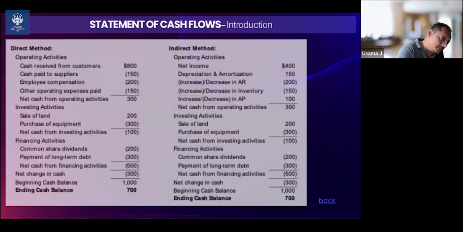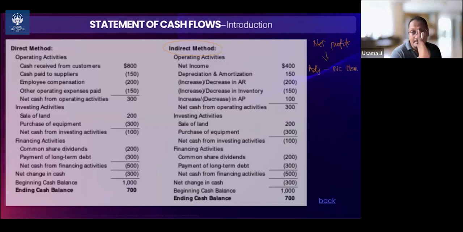So what are the adjustments that are coming here? If you are considering the indirect method, to convert net profits to cash flows from operations, we will adjust for non-cash items such as depreciation.